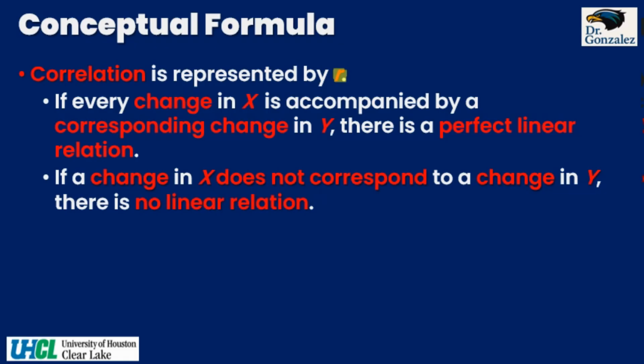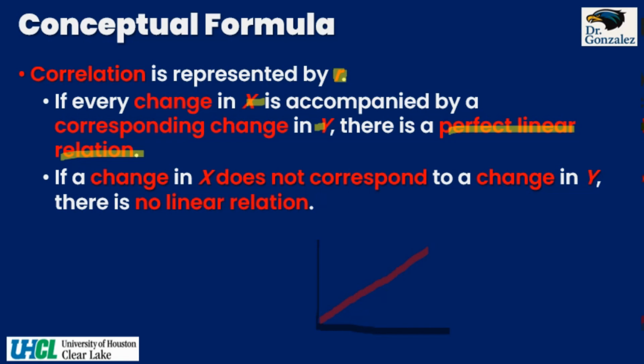If every change in x is accompanied by another corresponding change in y, you're going to get that perfect linear relationship. And that's going to look like that. There's our x and our y axes there. And if I take this bright red here and draw a line, and sorry, that's supposed to be red, y'all, but it's coming up pretty dark because of my color scheme here.